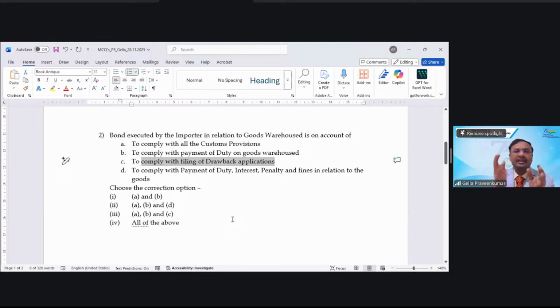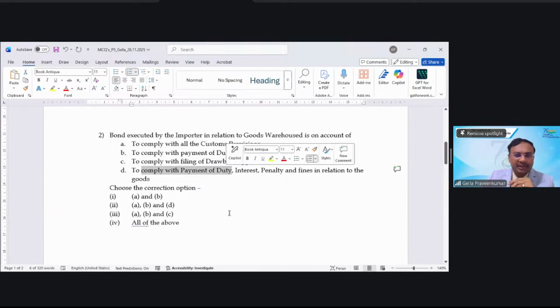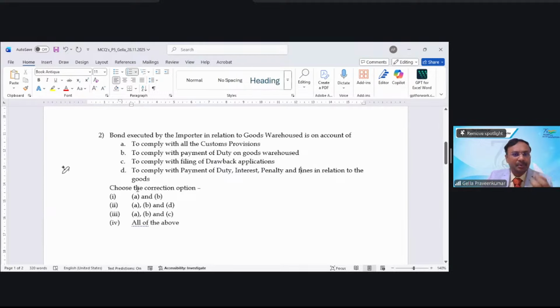Comply with filing of duty drawback application. Duty drawback and bond executed for warehouse don't go with each other, it doesn't fit into the context of the question. Comply with payment of duty, interest, penalty, fine in relation to the goods. Now, it sounds good. As an importer, when I warehouse the goods, I have an obligation to pay the duty, interest, penalty, fine as and when applicable. I cannot deny that. Whenever I put the goods into warehouse, duty has to be paid, which is understandable.